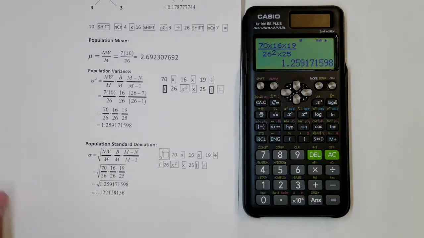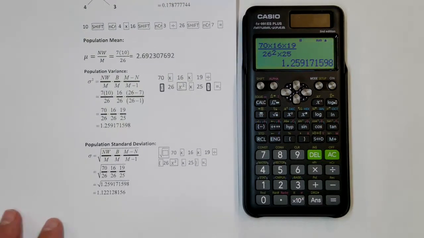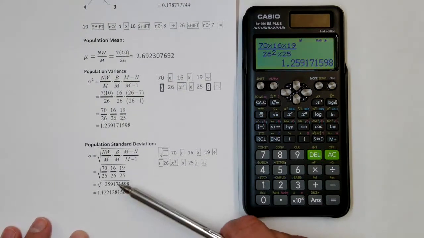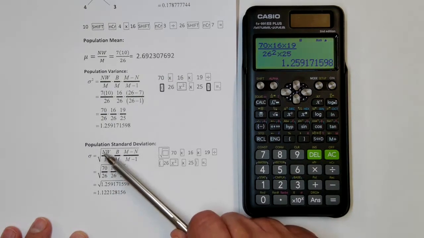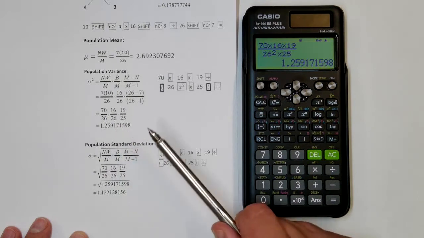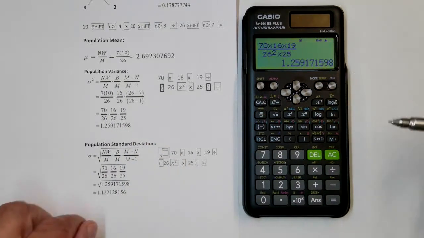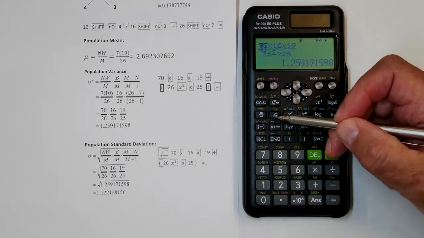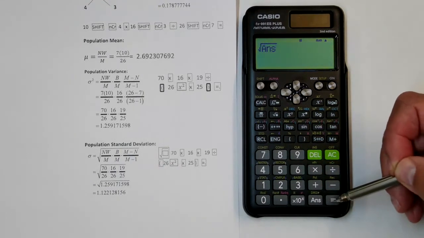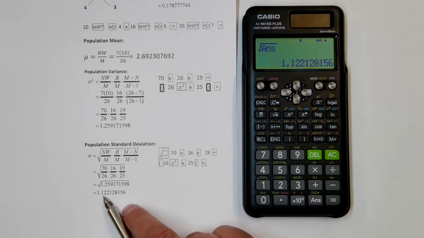Remember, the relationship between variance and standard deviation is that the standard deviation is the square root of the variance, which I already have on the calculator. So once you have this number, all you have to do is hit the square root button and answer, and it gives it to you, 1.122128, et cetera.